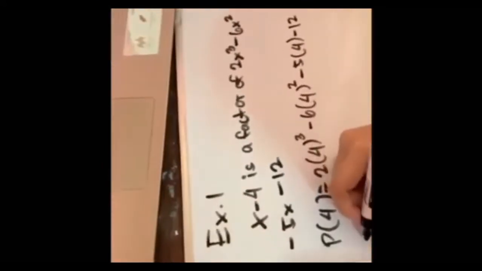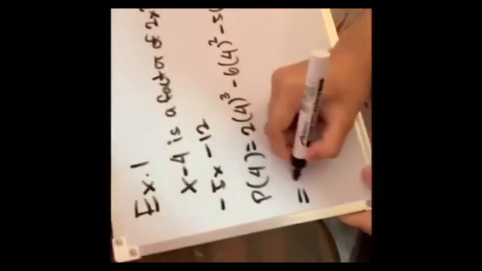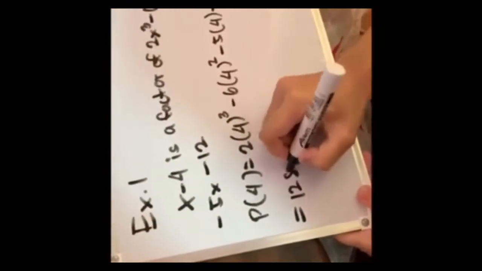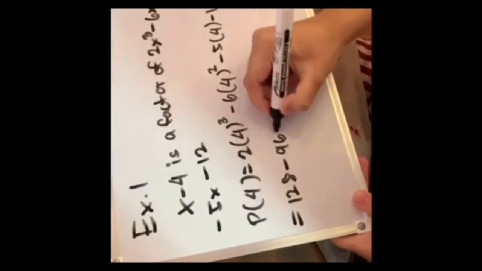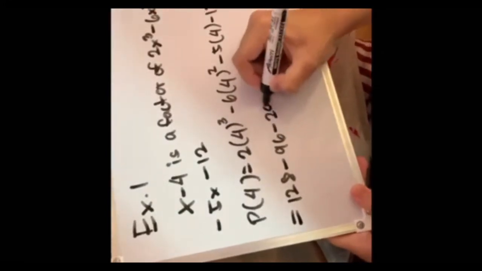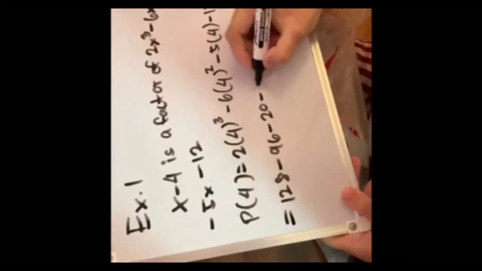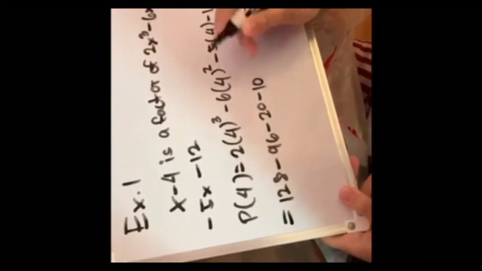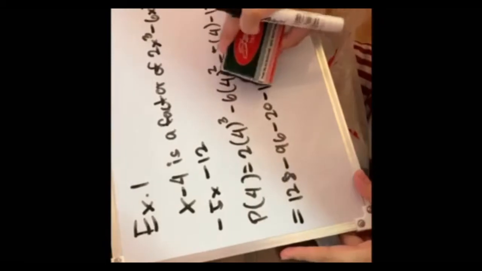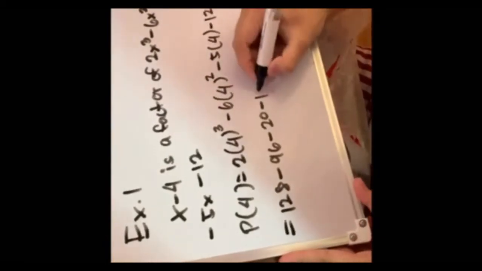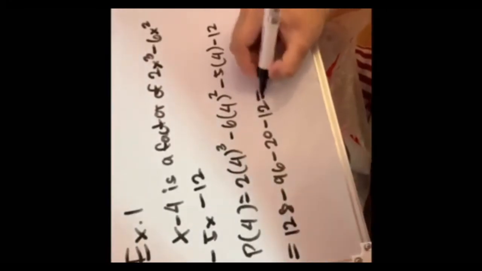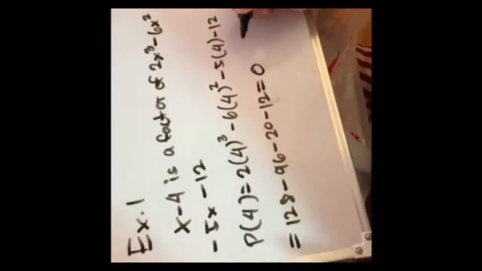The answer is 128 minus 96 minus 20 minus 12, which is equal to 0.